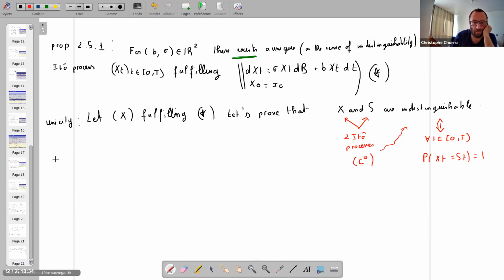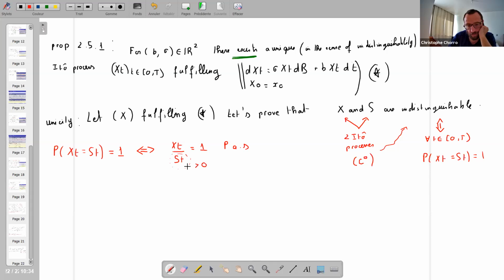In order to prove that the probability that X_t is equal to S_t is equal to 1, we are going to prove, in fact, that X_t over S_t is equal to 1, P almost surely. I have the right to do this because I know that S_t is strictly positive, so to prove the equality I can divide by S_t.